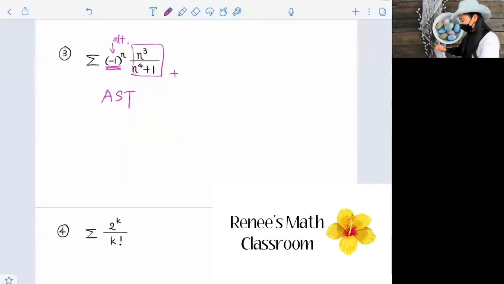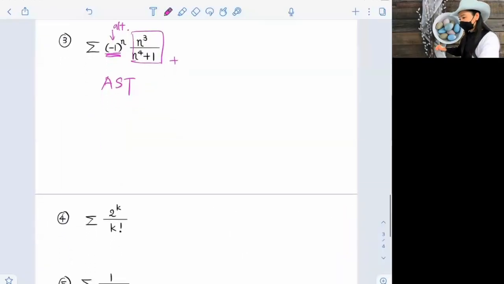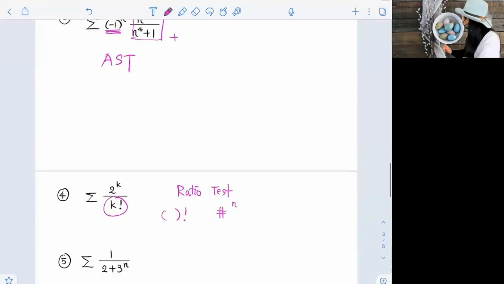The next one. Ratio test, you agree? What made you think about the ratio test? Yeah, because of this factorial, right? It involves a factorial, and also a number to the n power. So this one here, ratio test. Good job.